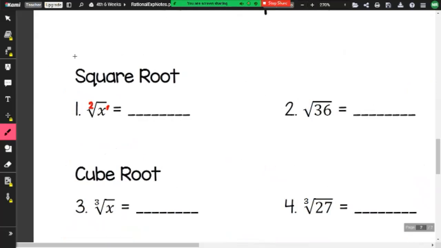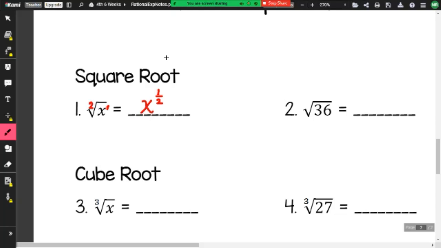So when we convert this into exponential form, the base stays the same. Your exponent turns into a fraction, and it's inside over outside, becoming what? 1 over 2, 1/2. Both of these will give you the same answer, and you'll be able to see it with this one, okay?